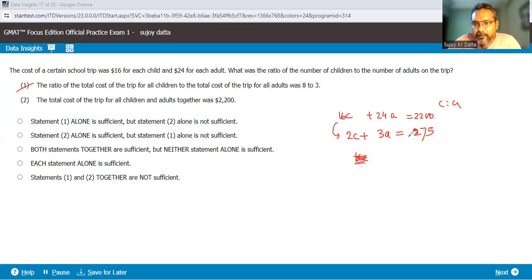All right, so 2C plus 3A is 275. There can be lots of combinations for C and A which work. So 2 is not sufficient. You will not get a unique solution, many solutions will come. So only A. So let's just mark that.